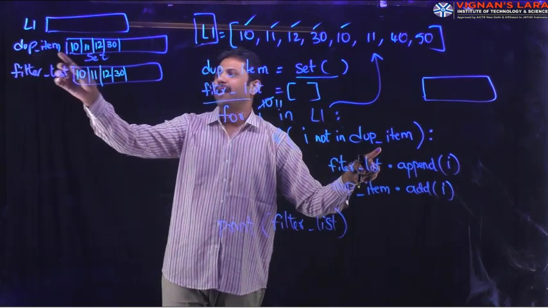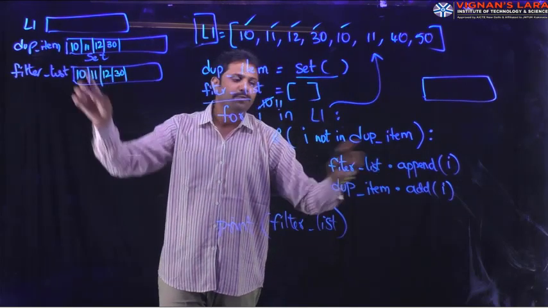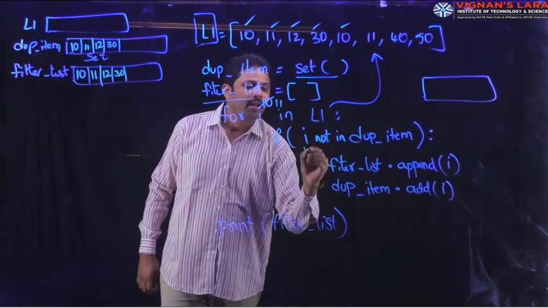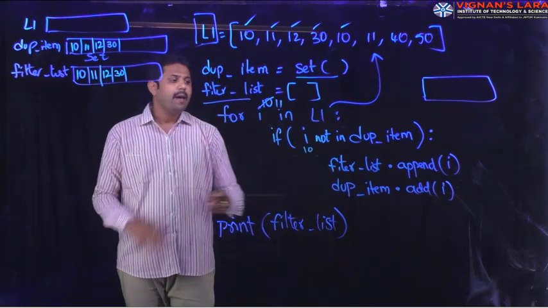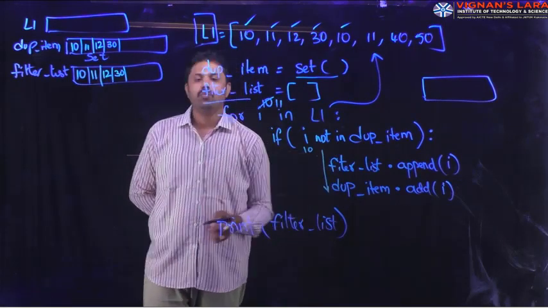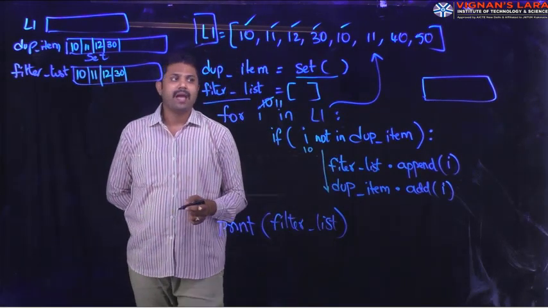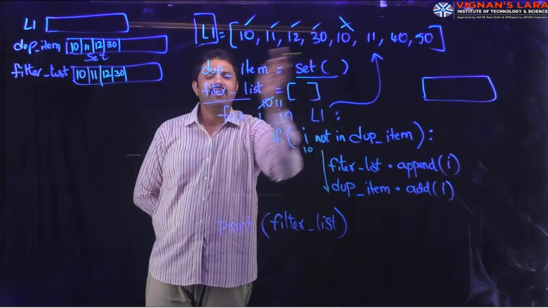Check the duplicate items: you have 10. So the condition 10 not in duplicate items is false. That's why it does not execute these two statements. That means this 10 is not inserted.